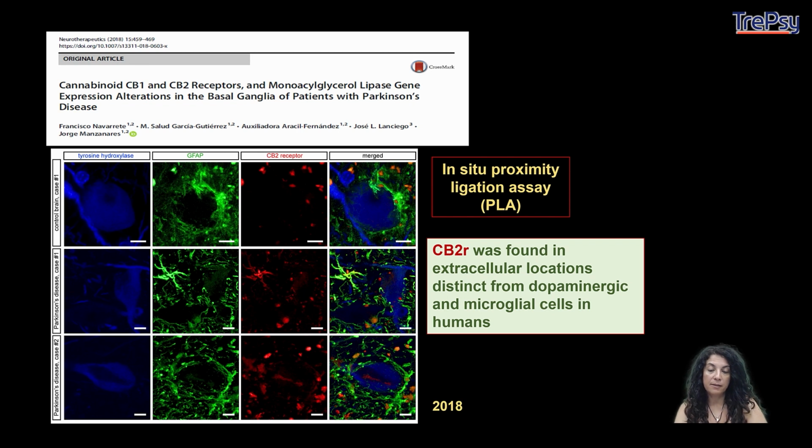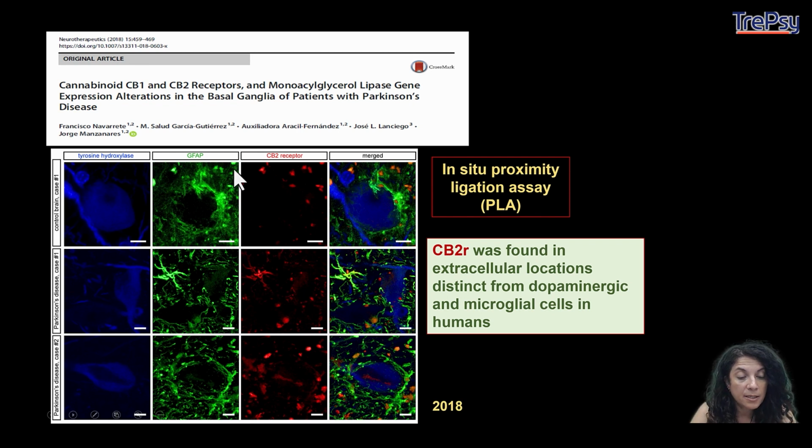This article was made in 2018. For our group, we did an in situ proximity ligation assay. It's a similar technique to immunohistochemistry, but combined with in situ hybridization.